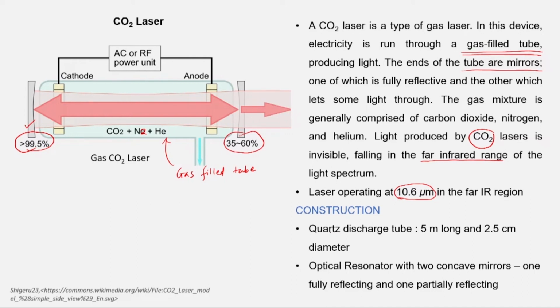To construct the CO2 based laser we need a quartz based discharge tube, which in general is 5 meters long and about 2.5 centimeter in diameter, and this entire assembly is called the optical resonator. We have already seen its details in our previous week lectures.